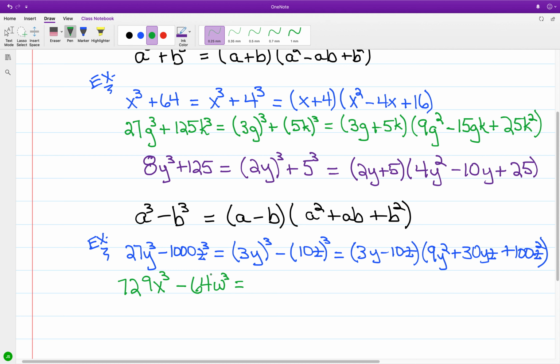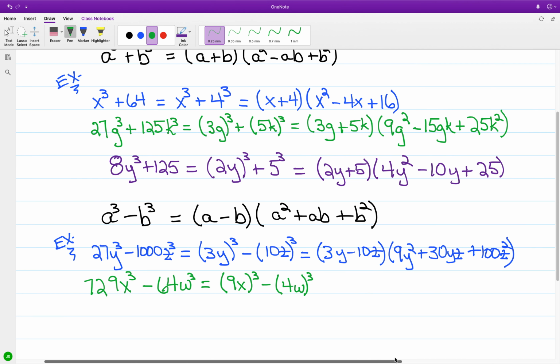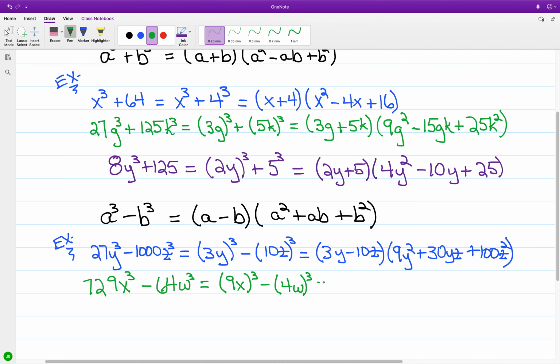Here we have perfect cubes. 729x cubed is the cube of 9x, and 64w cubed is the cube of 4w. So a is 9x, b is 4w.